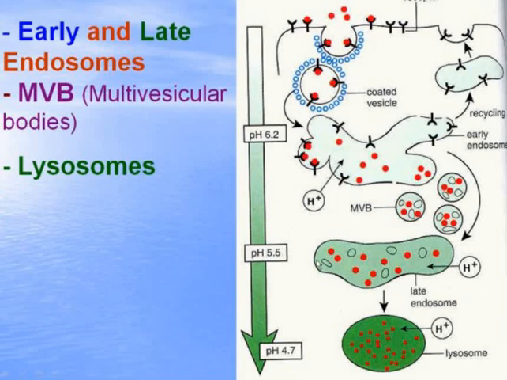In late endosomes, the pH gradually decreases and becomes acid, because membranes of endosomes contain protein pumps. They pump hydrogen ions inside, and the medium becomes acid. And lysosomes inside have a pH less than 5.